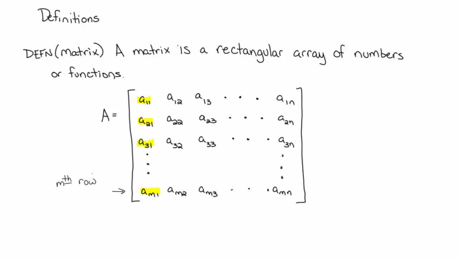And then if you count along the columns instead, you will see, and I'll use just a different color here for the columns, this is the first element of the first column. Here's the first element of the second column. Here's the first element of the third column, all the way over here to the first element of the nth column. So let me go ahead and just point an arrow here and just say that's the nth column.